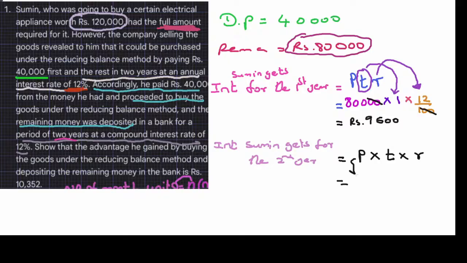Since this is a compound interest calculation, what's going to be his principal for the second year? It's compounding. So 80,000 was the initial principal, but to that this first year's interest will get added when we are doing the calculation for the second year. So what is his principal for the second year? 80,000 plus the 9,600. That is 89,600.